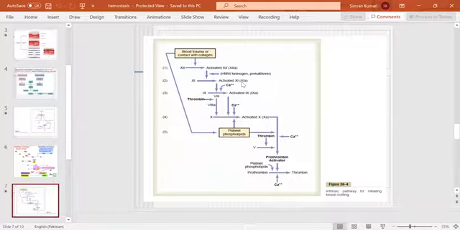Acha, now this activated factor 11 acts on factor 9 in the presence of calcium ions. Activates it. ठीक है? Activated factor 11 in the presence of calcium ions activates your factor 9.